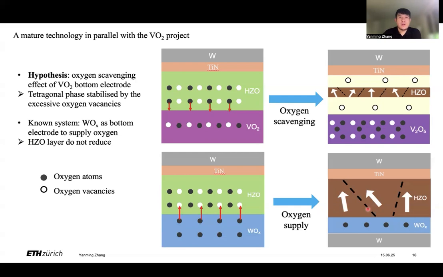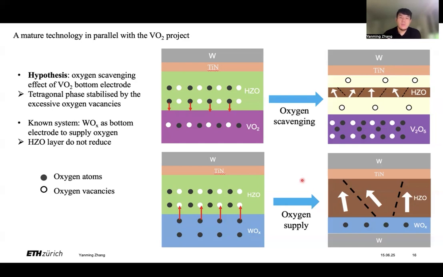To explain this, our hypothesis is that there might be an oxygen scavenging effect of the VO2 bottom electrode. This is based on our knowledge from a known system using tungsten oxide as a bottom electrode. Basically, the tungsten oxide can supply some oxygen into the region of the HZO layer, and after annealing, the HZO superlattice will crystallize into the orthorhombic phase and the ferroelectricity is stabilized.